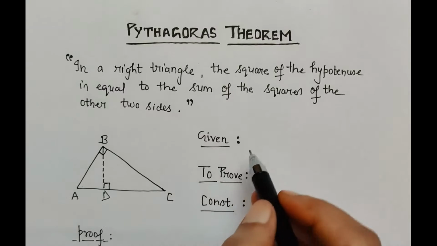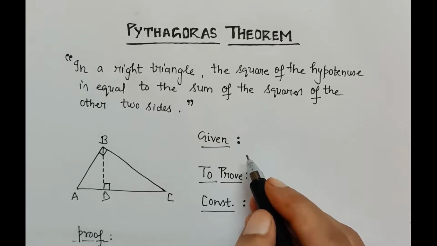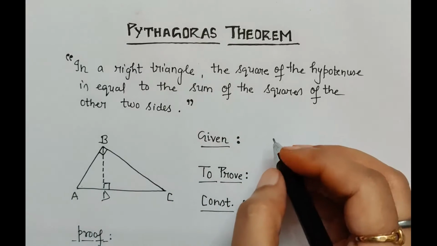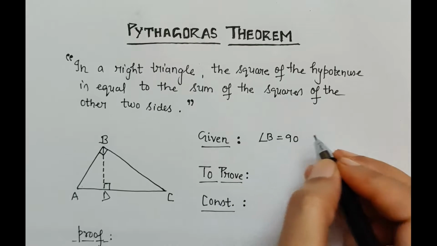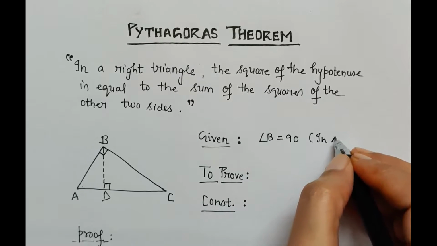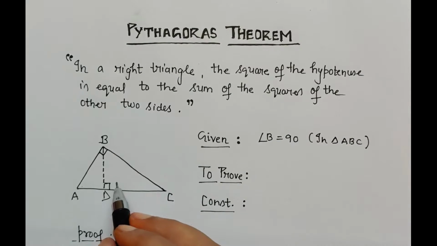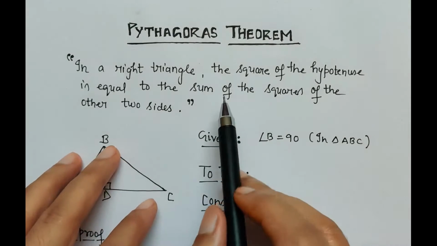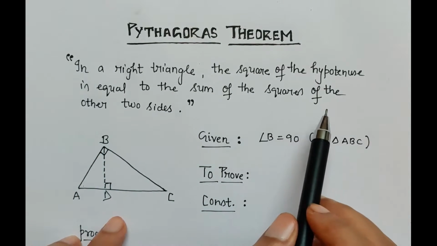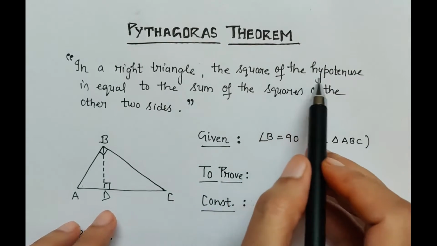So first we will write the thing which is given to us. Here we are given that angle B is 90 degrees in triangle ABC. Next, what is to be proved? We have to prove that the sum of the squares of the other two sides is equal to the square of the hypotenuse.